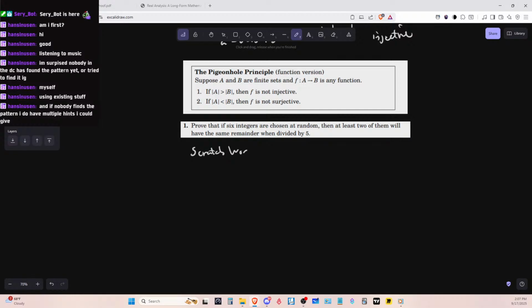Scratch work. Okay, so let's say we have a set A, that if 6 integers are chosen at random, so A is a subset of the integers.